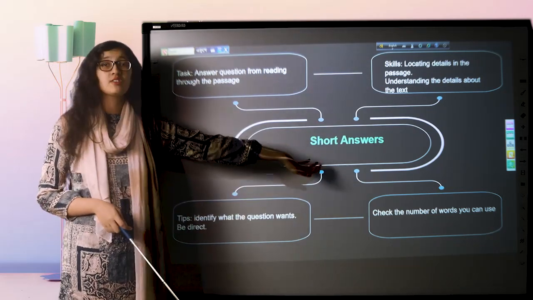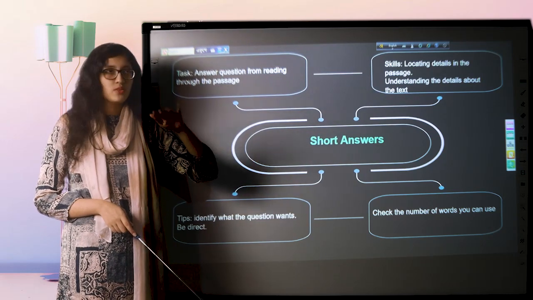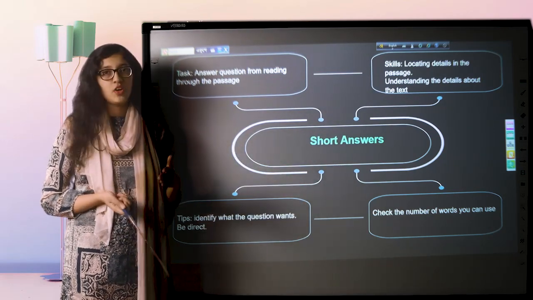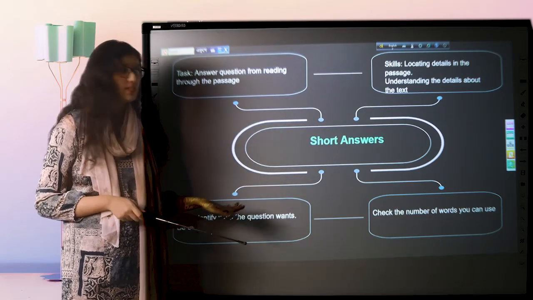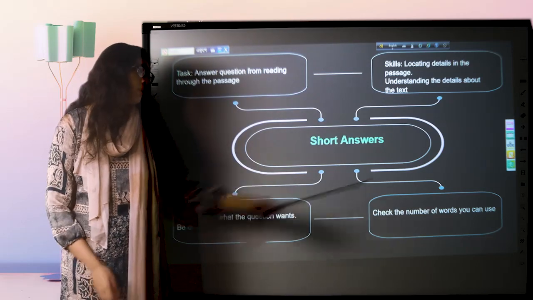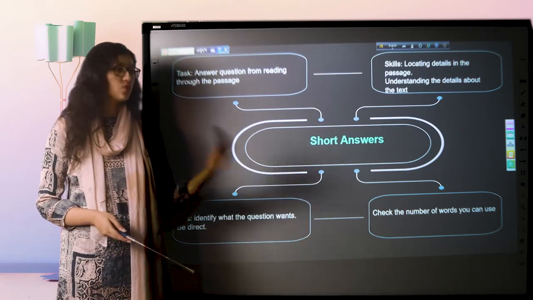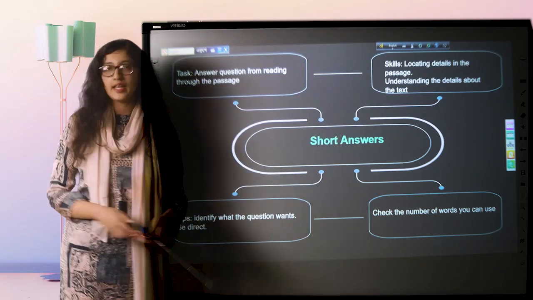Again, this is short answers, so don't try to increase the number of words you're using to answer, because you won't be given marks if it's more than the word limit that they set. So be precise and answer directly. And you should also always check the number of words you can use and try to stay in the limit, because if you don't, then you won't get any marks for it.